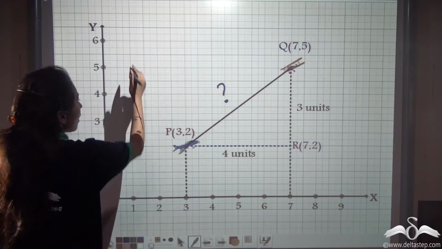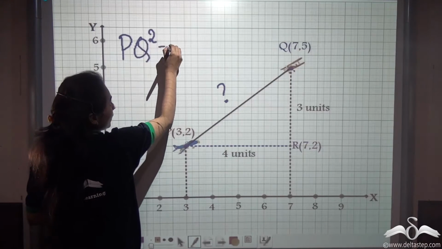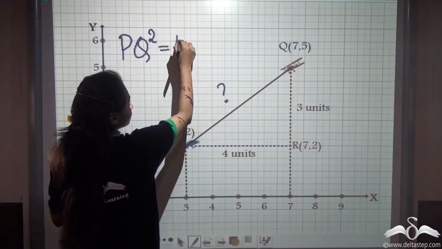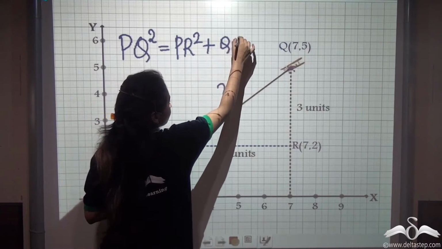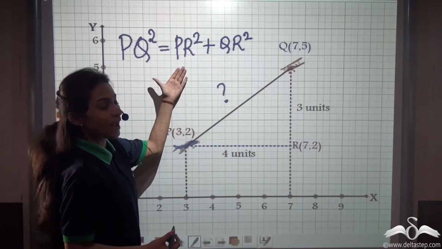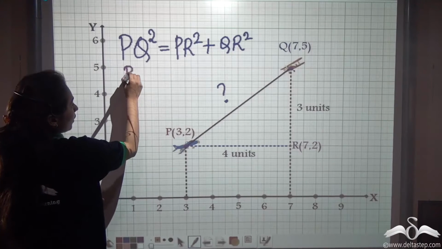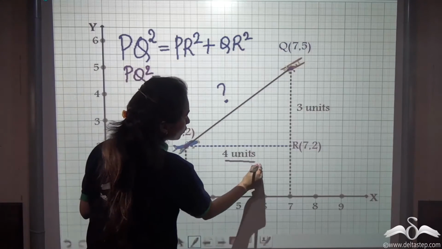Let's see. Well, according to the Pythagoras theorem, PQ square will be equal to PR square plus QR square. So now let's put the values and solve it out. Well, PQ square will be what? PR, that is 4 units.